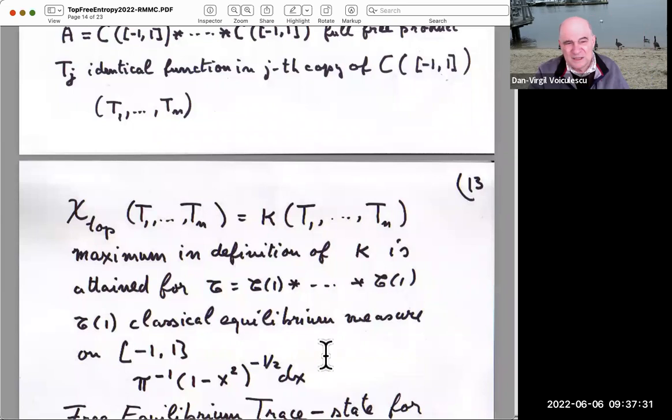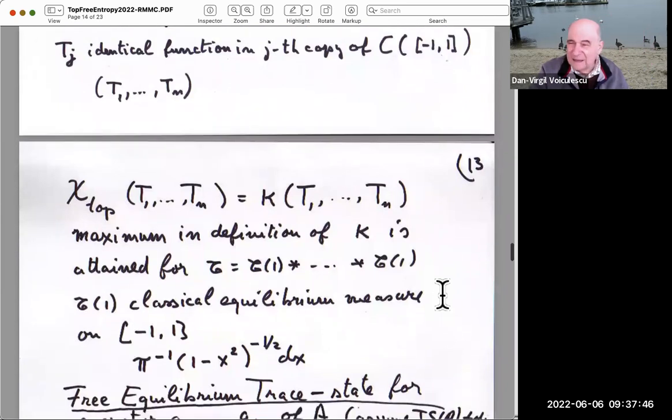If one takes for each such variable an arcsine distribution, in the most general free position, then one gets the topological free entropy of T1, ..., Tn.